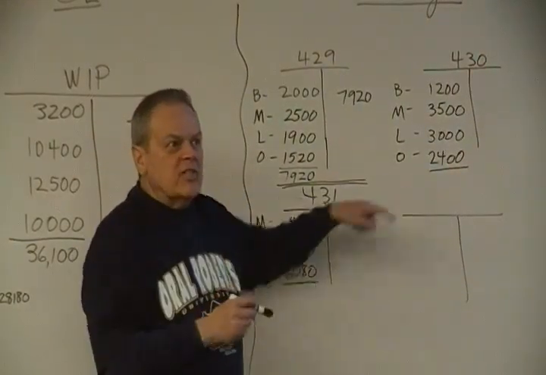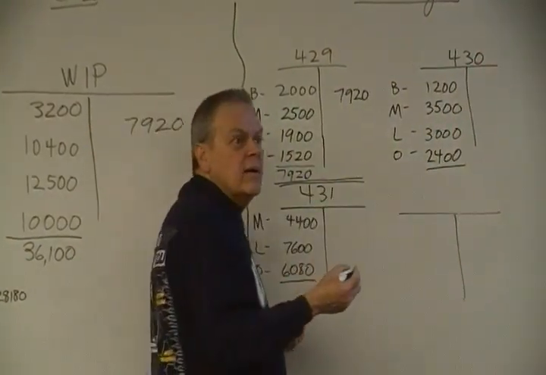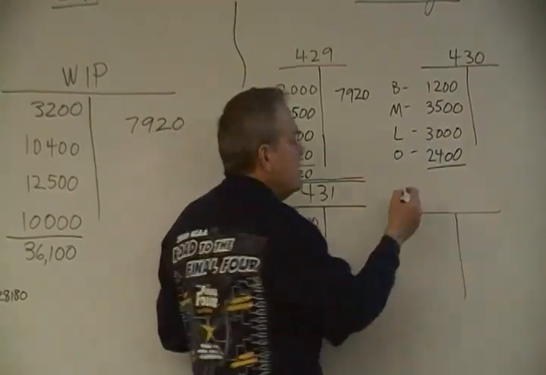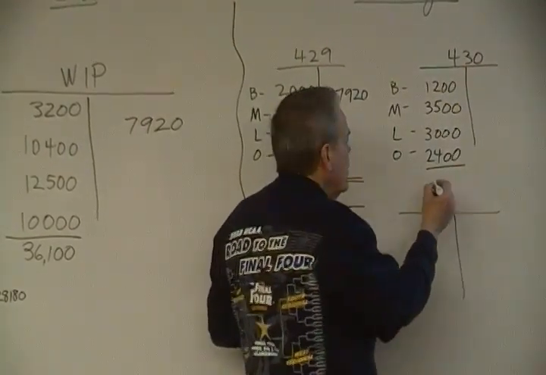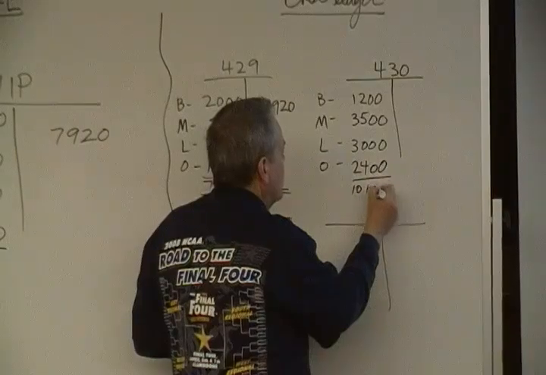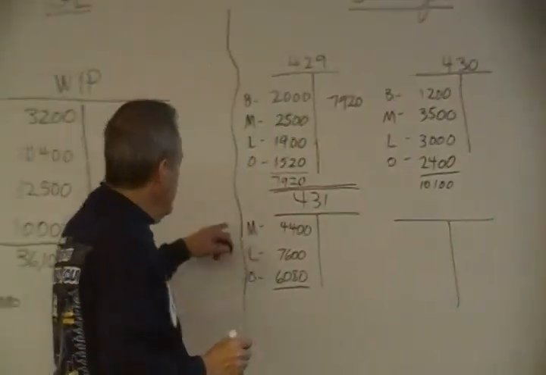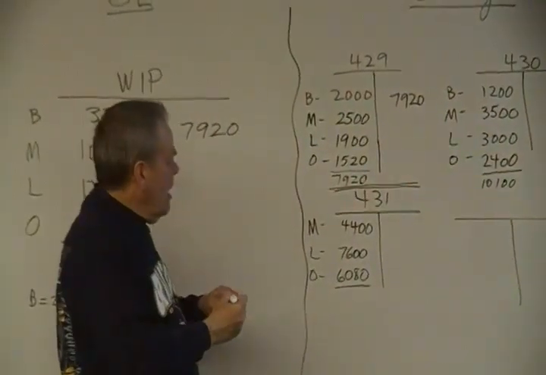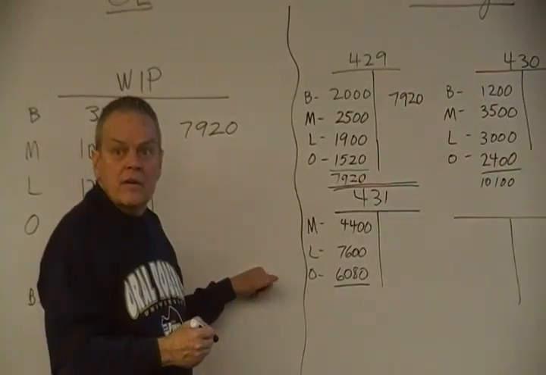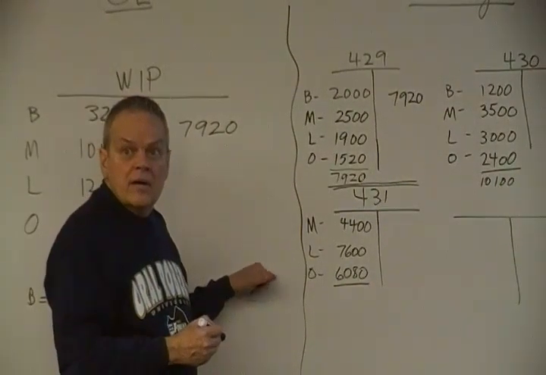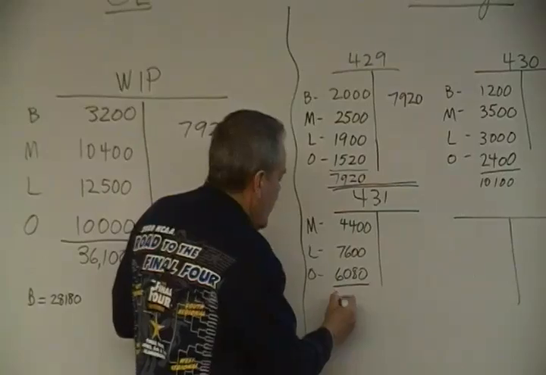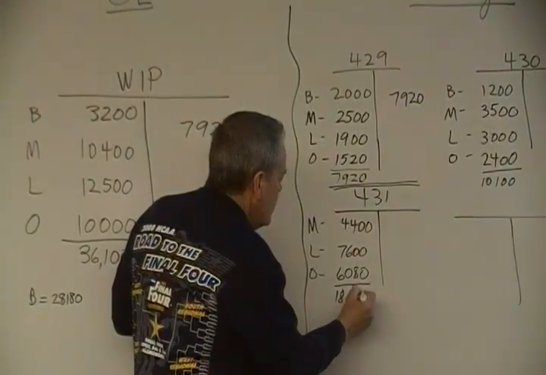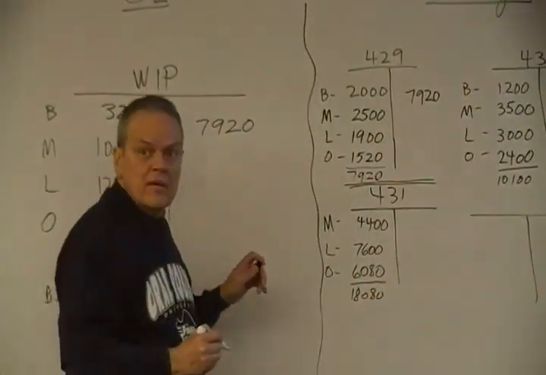The sum of the cost on this job are, Paula? 10,100. 10,100? Could I have an auditor on 10,100? Correct. The sum of the cost on job 431 are, a new volunteer, Jonathan? 18,080. 18,080. Did I write what you said, Jonathan?